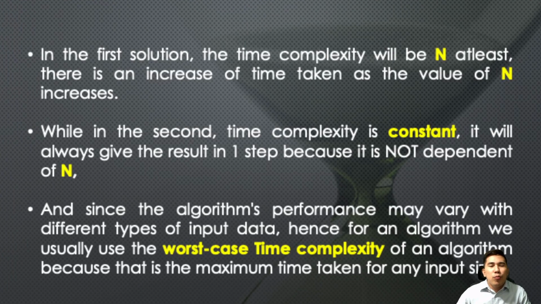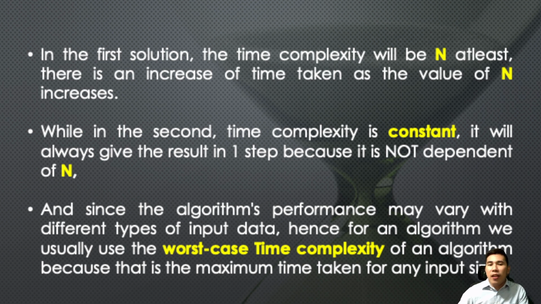Again, I'm going to reiterate. In the first solution, the time complexity will be n, at least. There is an increase of time taken as the value of n increases. While in the second, the time complexity is constant. It will always give the result in one step, because it is not dependent on an n or max value.